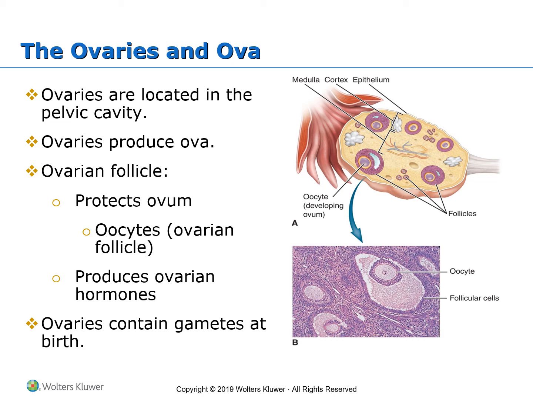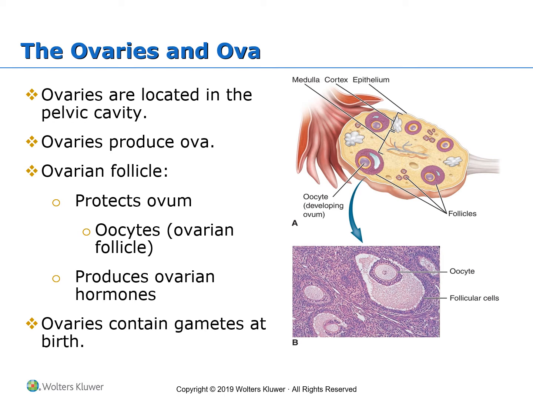During the development of the ova, an oocyte contained within a small cluster of cells called an ovarian follicle will start to develop, and the follicular cells that are protecting the cell will produce the ovarian hormones. There is a slight difference between the male and female reproductive system in terms of gametes.